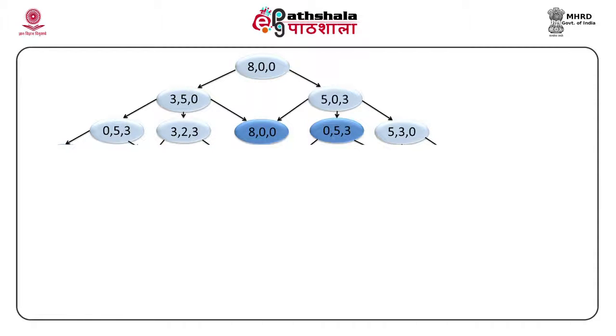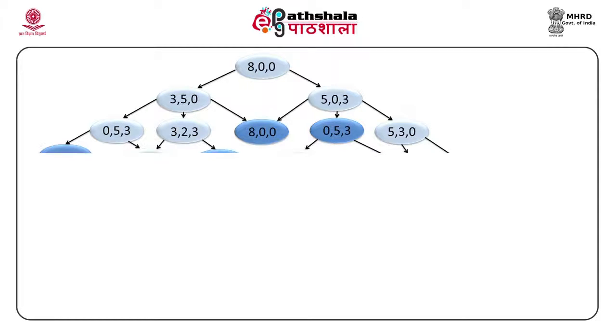Okay, and that's why it is represented in a little darker fashion. For 503, one typical result is again 800, which we will not explore further because it is a cycle. One more possibility is 053, and why is it darkened? Because it is already explored. See the leftmost node, which is already explored. When a node is already explored before, we will not explore it further for obvious reasons. And the third one is 530.